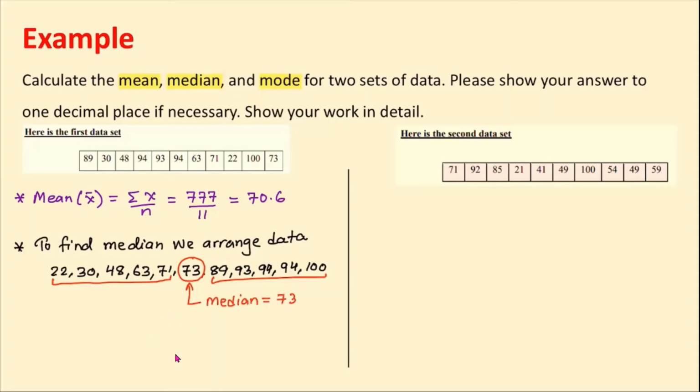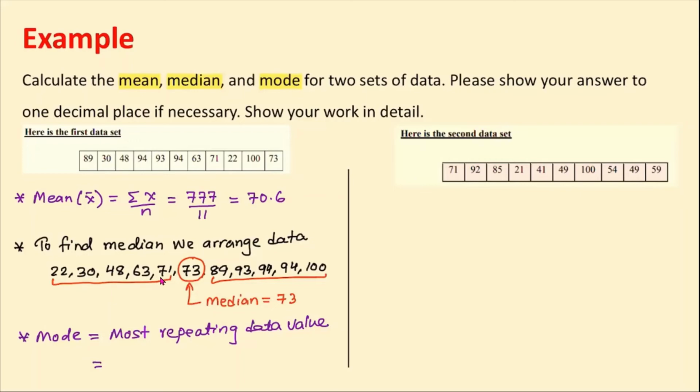The median is 73. Next, we are asked to find the mode. You know that the mode is the most repeating data value. It is easy to check the repetition from the well-arranged data.